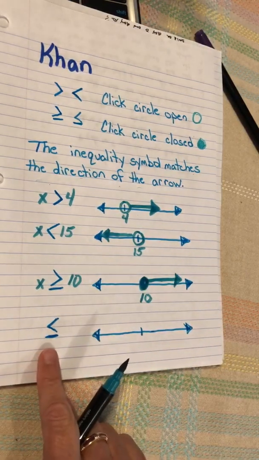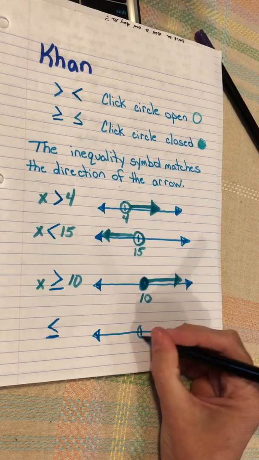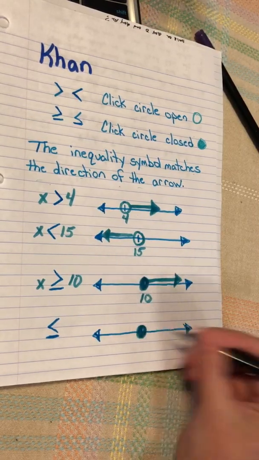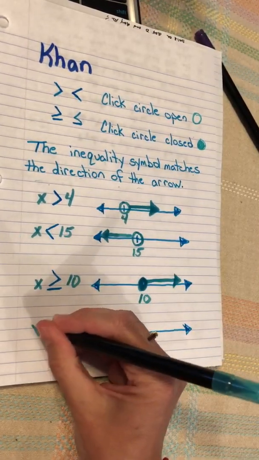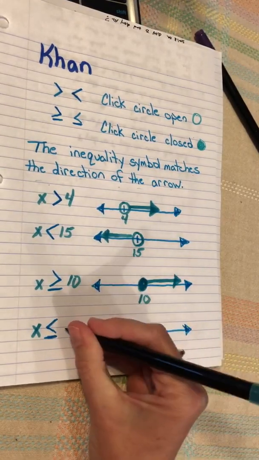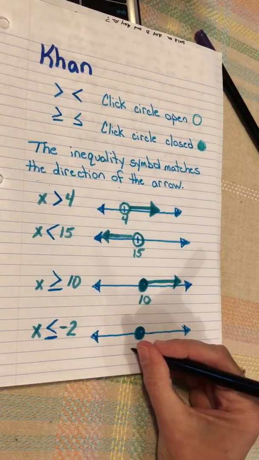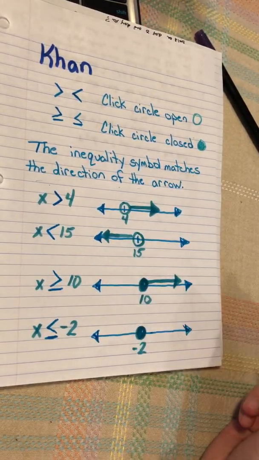On the last one, this is less than or equal. So once again, closed circle. Let's do x is less than or equal to -2. Let me put -2 on here.